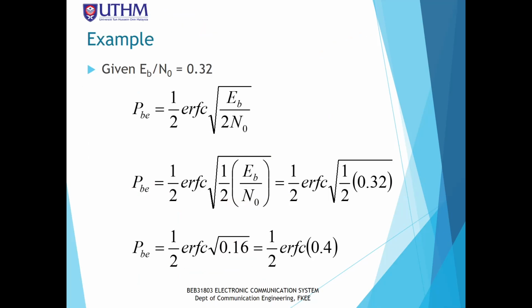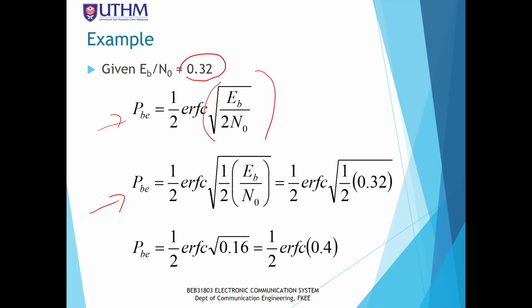For example, here is an example. Given Eb over N0 is 0.32, find the probability of bit error. The probability of bit error is equal to 1 over 2 times the complementary error function of the square root of Eb over 2 N0.